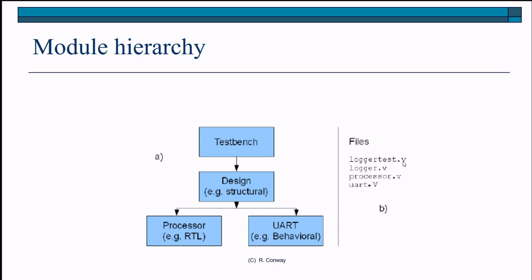The logger.test.v file contains the test bench. The logger.v file contains the top level design module, and then we have 2 further files, the processor.v file and the uart.v file, containing the processor code and the UART code respectively.